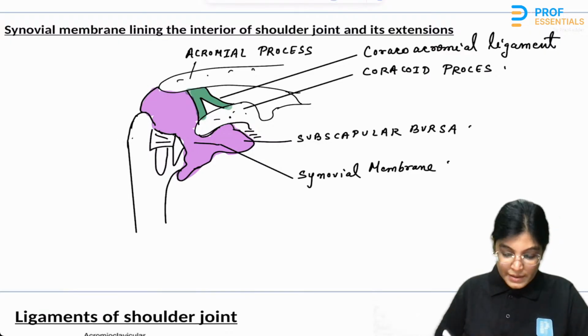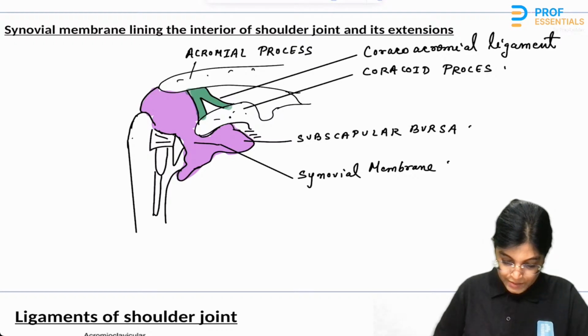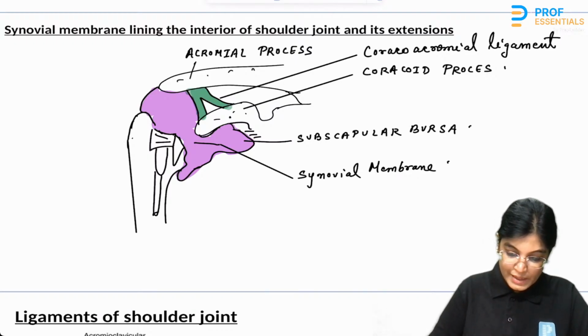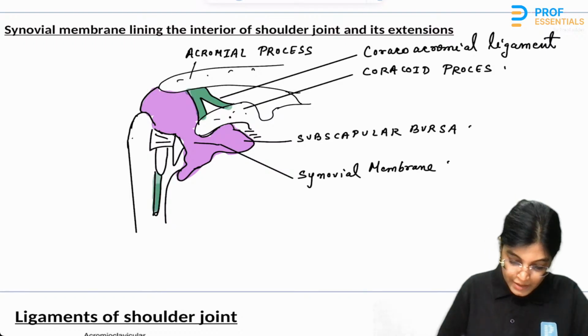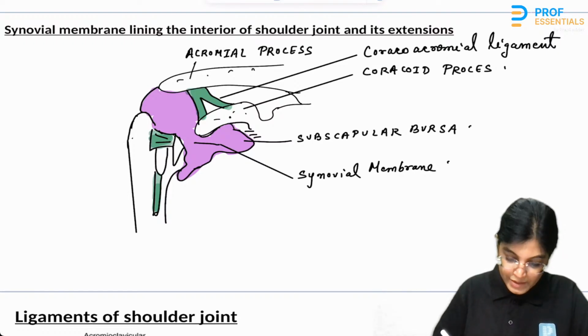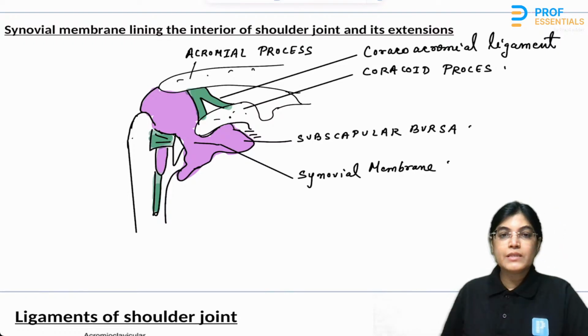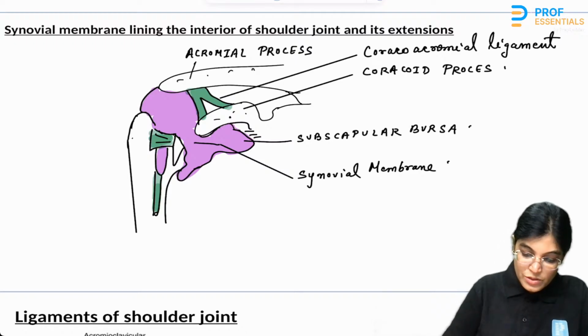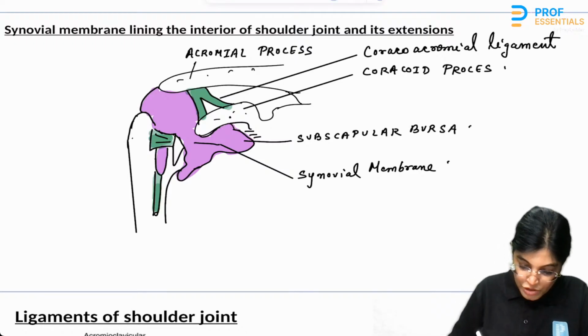Okay, and here I want to show a tendon. Again I will use a green color for this tendon sheath. This is the long head of biceps brachii, and this is the ligament which is covering the greater and lesser tubercle, and this will be the extension, the synovial sheath.